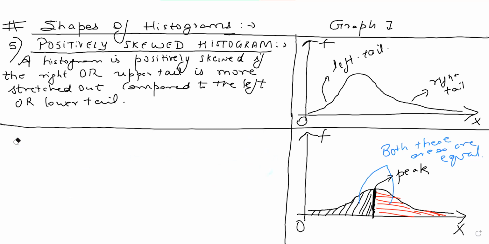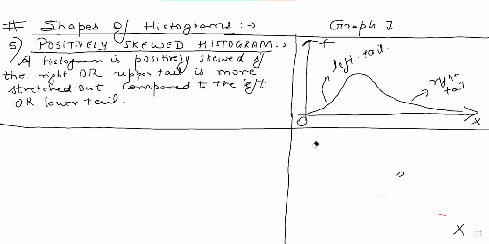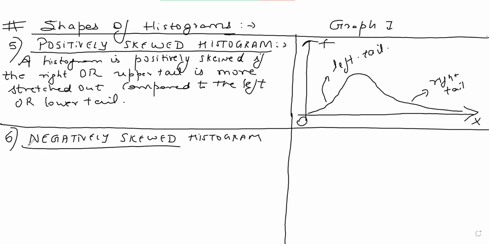And the last kind of histogram based on the shape classification, the sixth type, is called the negatively skewed histogram. So I can erase this and I can write negatively skewed histogram. I can say just the opposite, we all know it.